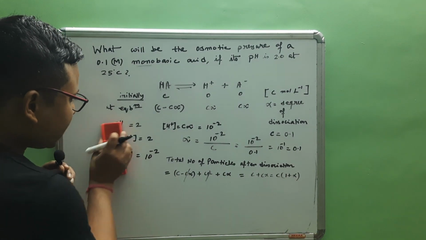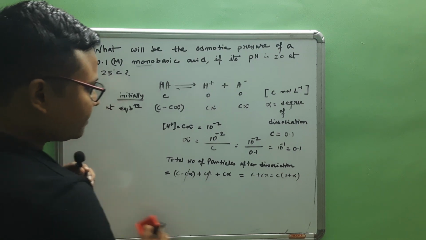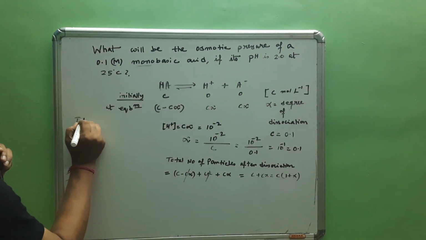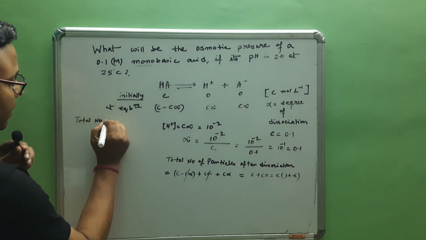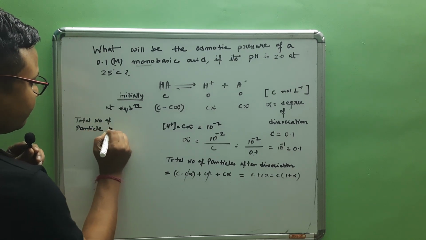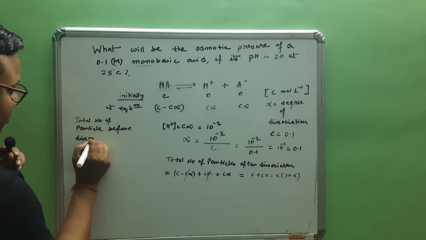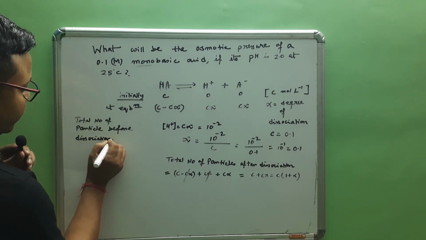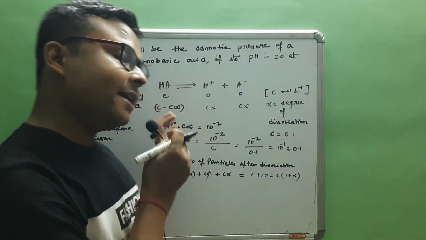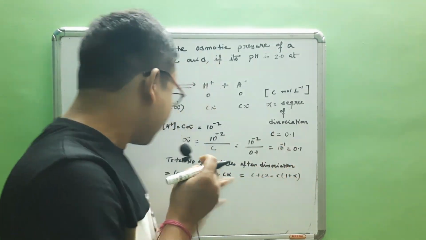Now what is the number of particles before dissociation? Initially only HA remains, so only C moles of HA.